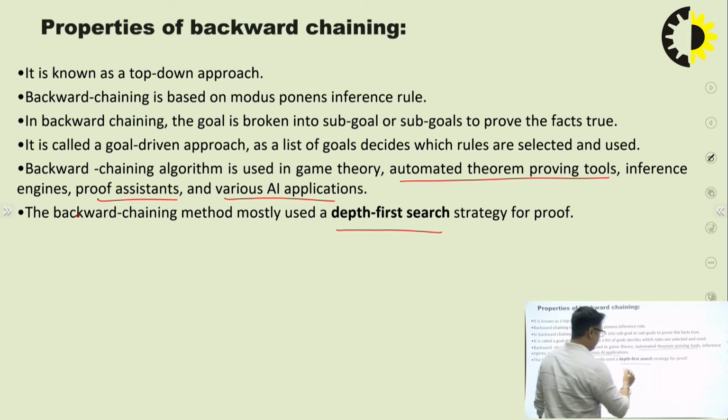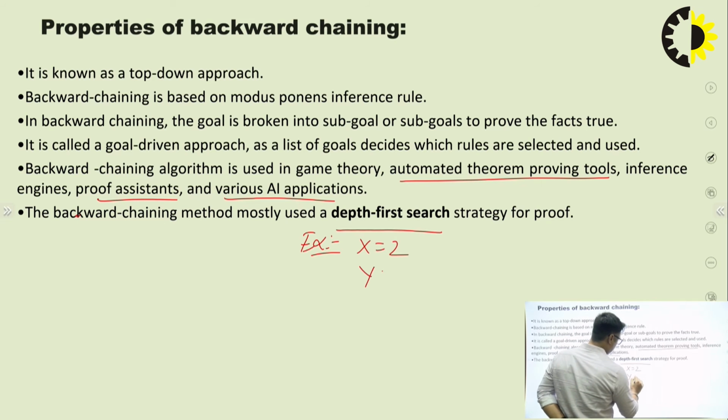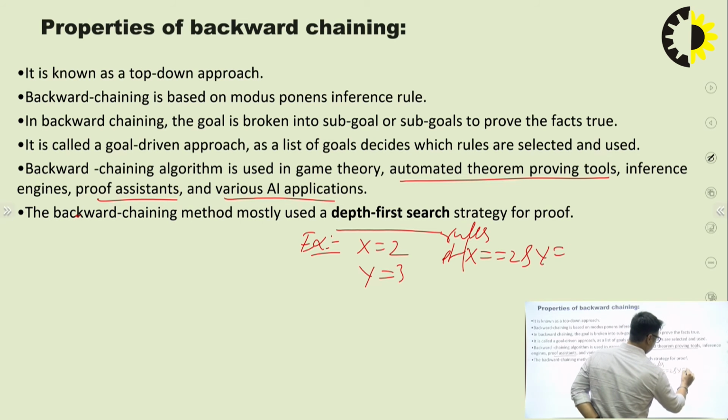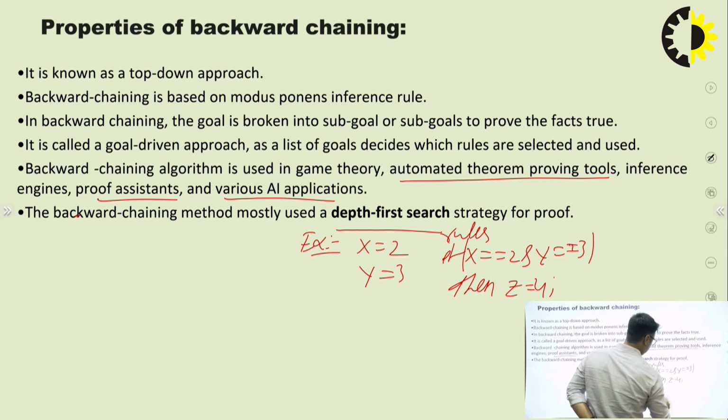So take one example. That example I already discussed here. My example is x equals 2, y equals 3, and add some rules. First you see the forward example. The condition here is x equals 2 and y equals 3. Then z equals 4 is my statement.